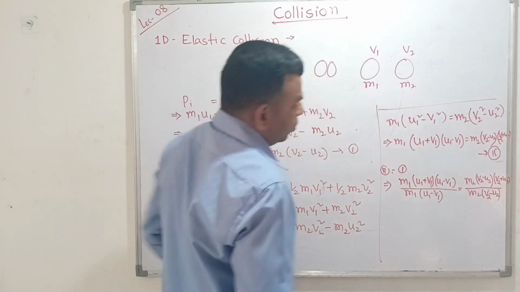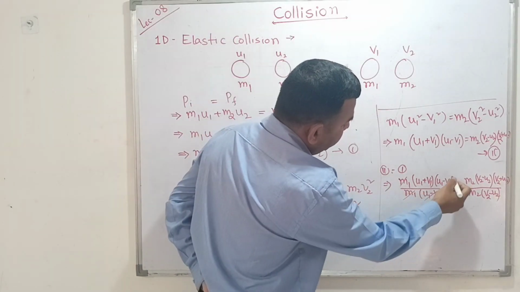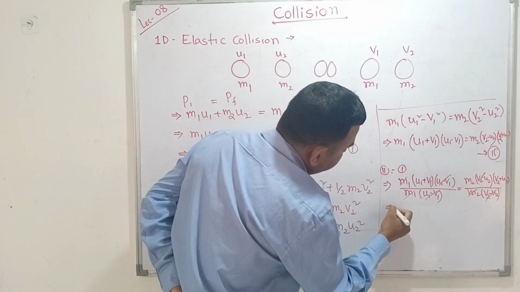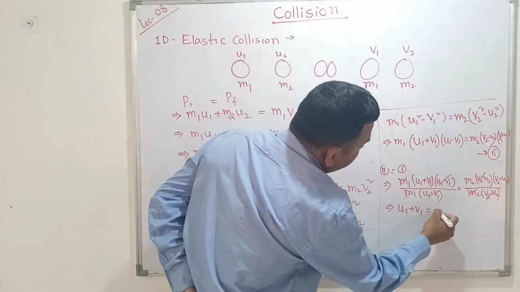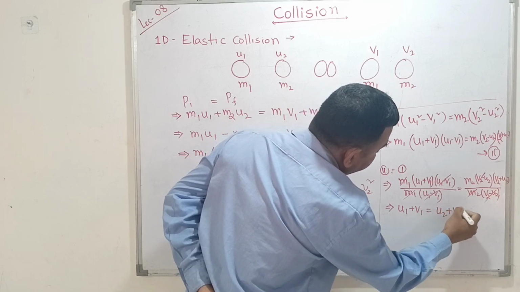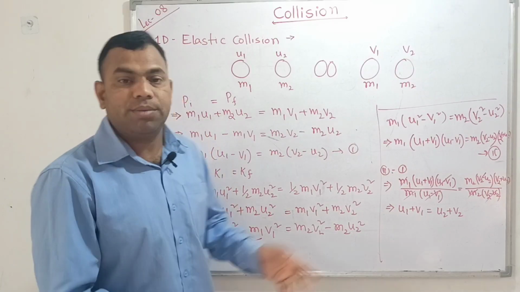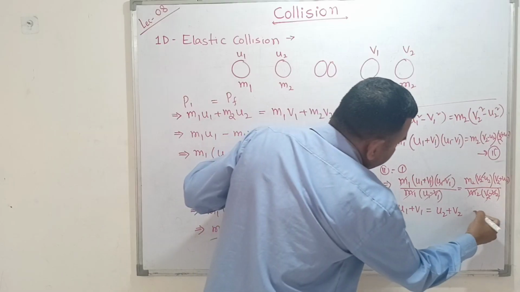So look, m1 will cancel, and u1 minus v1 cancels, same happens here. So what is left on the left side is u1 plus v1 equal to u2 plus v2. What is required to be found out? The unknowns v1 and v2. So we will first write this equation. This is equation number 3.